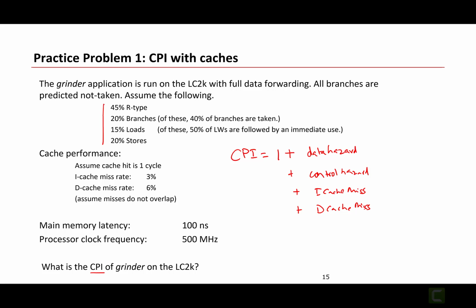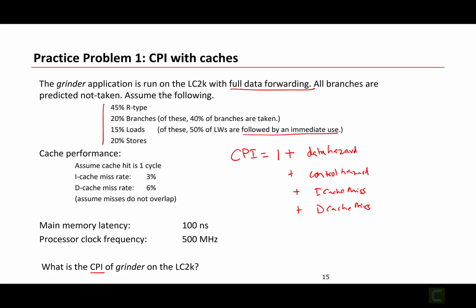The data hazard penalty is due to the data dependencies, the read after write dependencies. In a pipeline data path where you are assuming full data forwarding, you have a penalty only for the load instructions that are immediately followed by a dependent instruction, or followed by an immediate use.